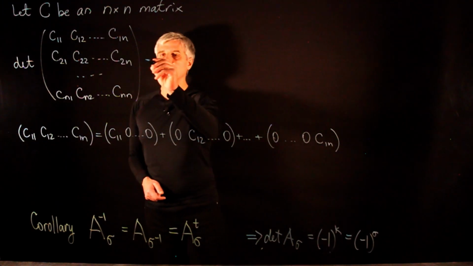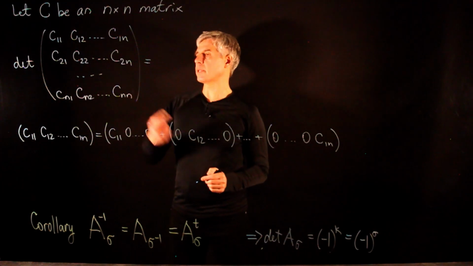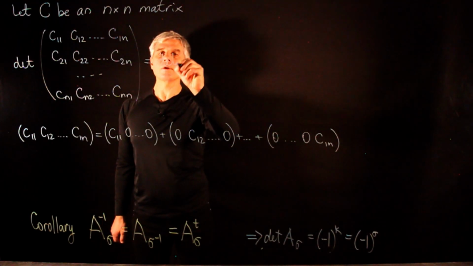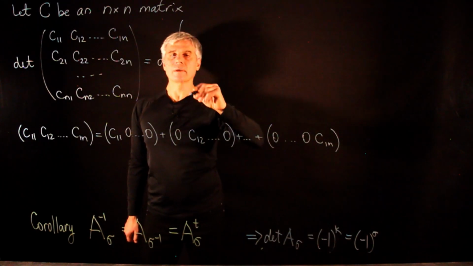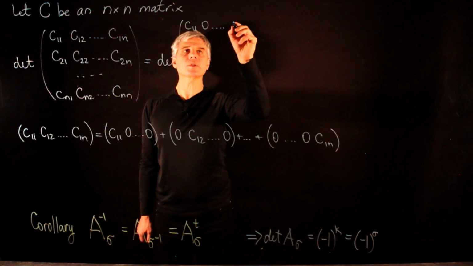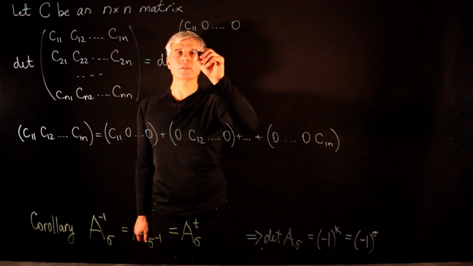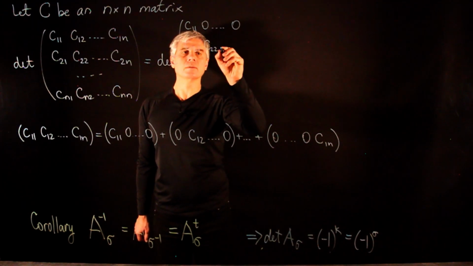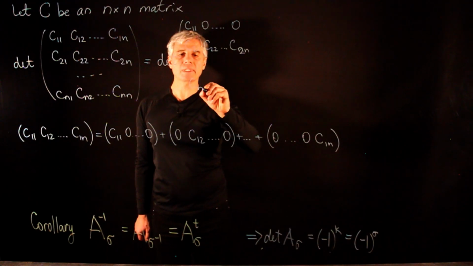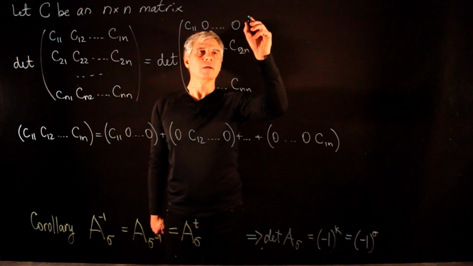The properties of the determinant tell us that this determinant can be written as a sum of n determinants, where the first one has C11 and then all zeros, and everything else is unchanged, up to Cn1, Cnn.